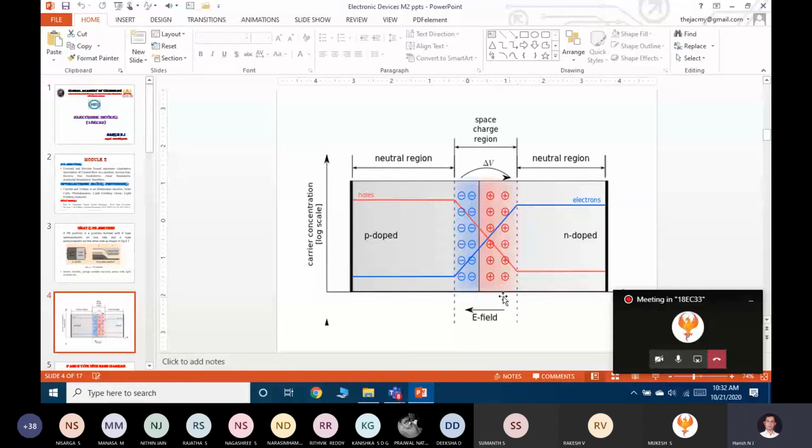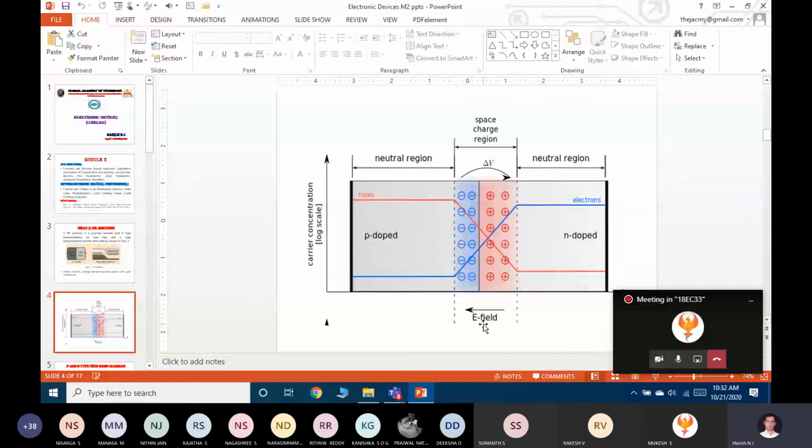Now based on this electric field direction, is it possible for the hole to jump from P type to N type and the electron to jump from N type to P type? Just cross-check once again with this electric field direction.